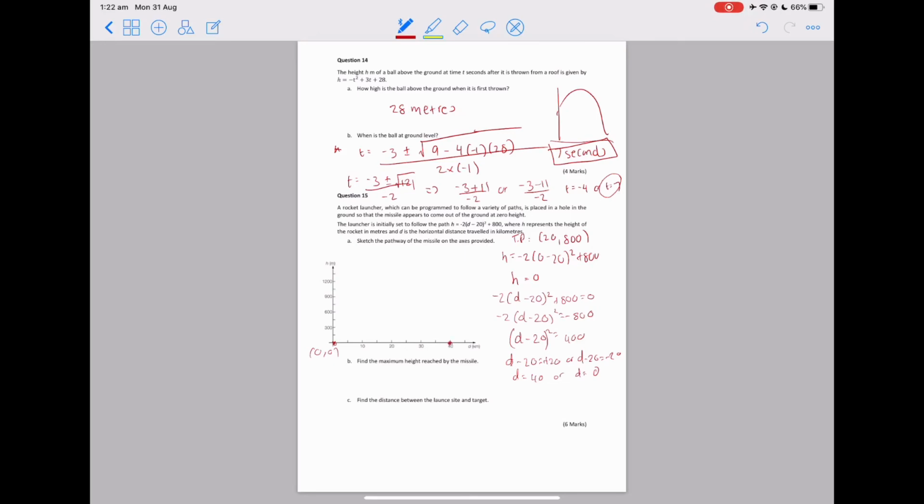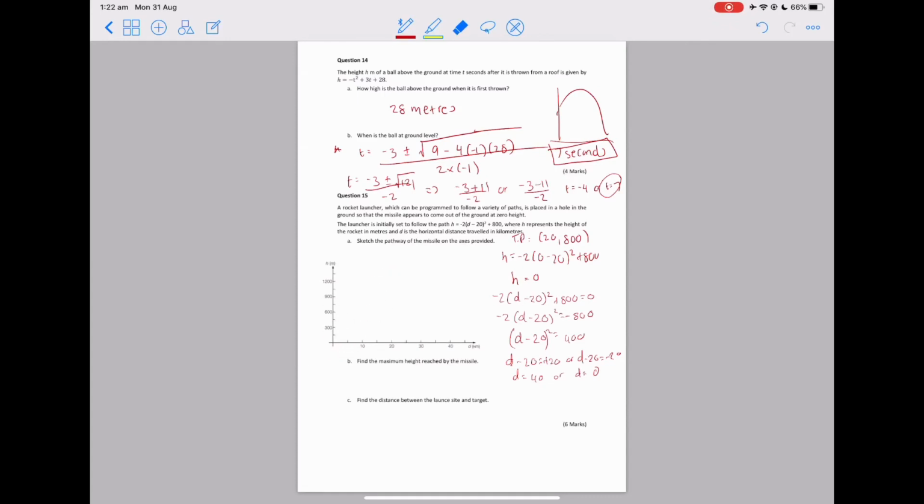And now I'm just going to put where your turning point is going to be. So it is therefore going to be, what's halfway? That's going to be 20, and 800. So it's going to be somewhere around here. Okay, so therefore if you're drawing your graph, it would look like this. Sorry for my graph, because I'm using a mouse, it's just a bit hard to draw. Actually, let me rub this out, that's just trash.